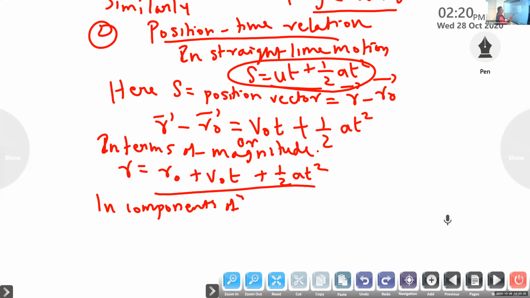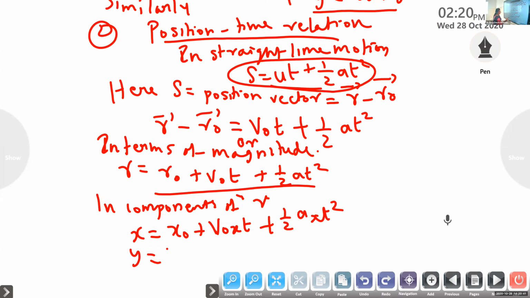Now, in components of R, x component, y component: X is equal to x0 plus v0x t plus half ax t square. Y is equal to y0 plus v0y t plus half ay t square.